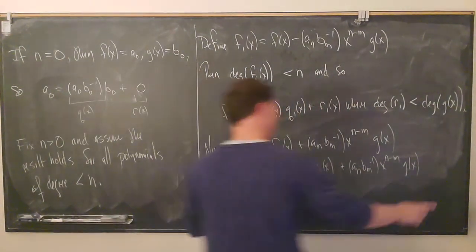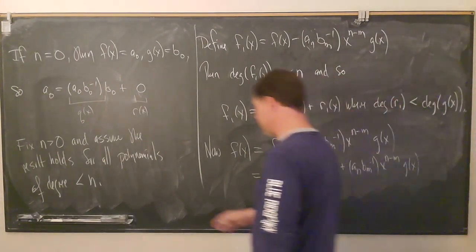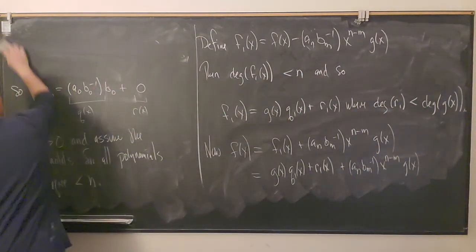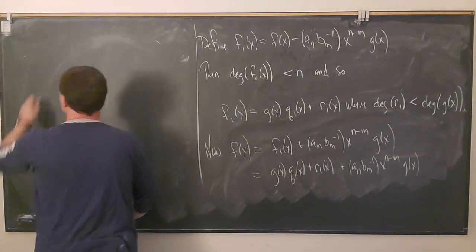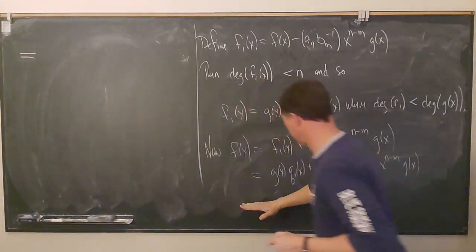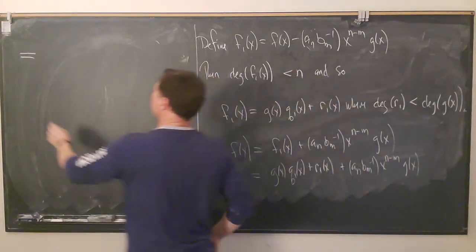Okay, so now I want to factor the g of x out of all of these pieces here. So I'm going to continue on with my equal sign, right below this one here. I'm going to factor out the g of x.